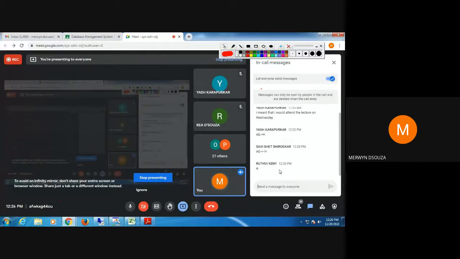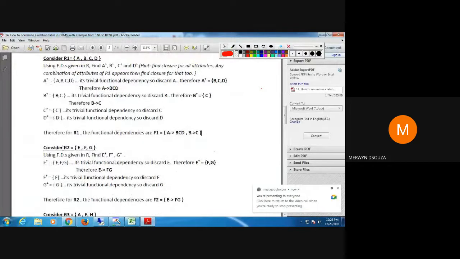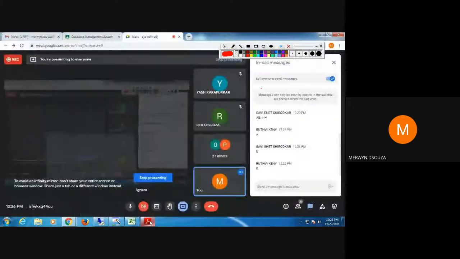Yes, Ruthvi, it's A. Correct. Find out for R2 using F2. It's pretty obvious, as there's only one functional dependency, so it's clear which will be the candidate key.